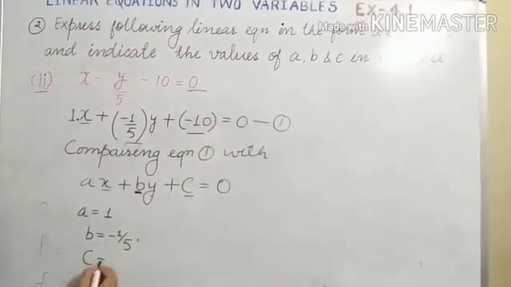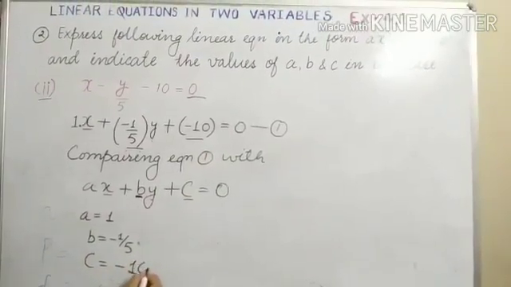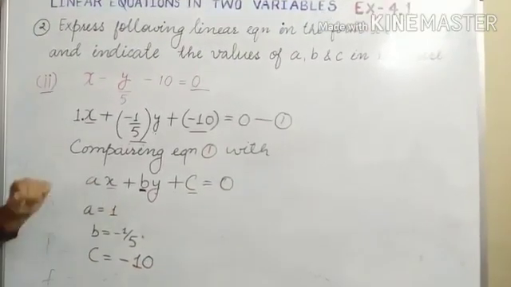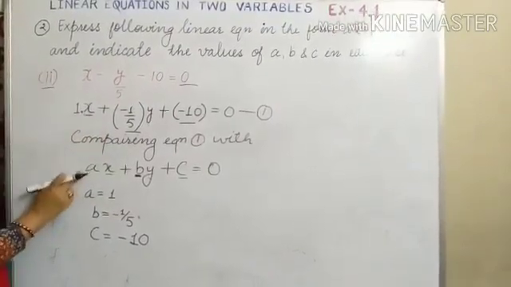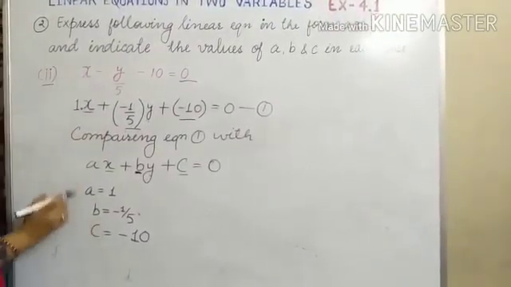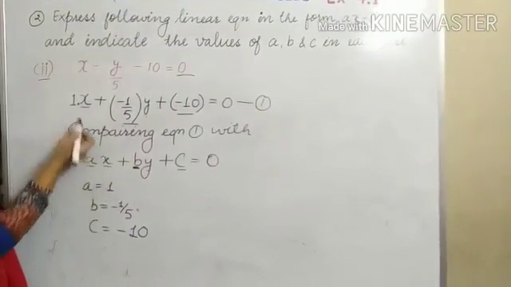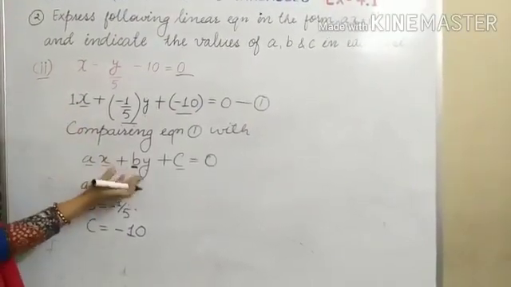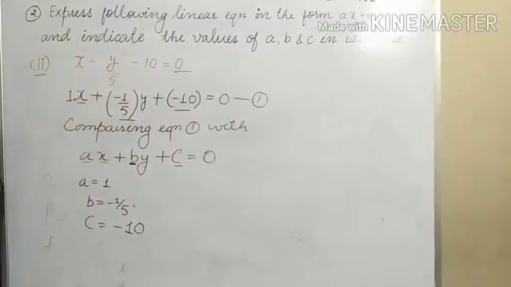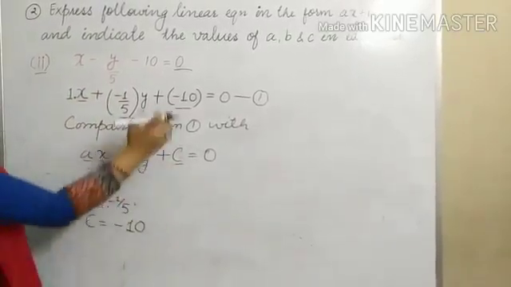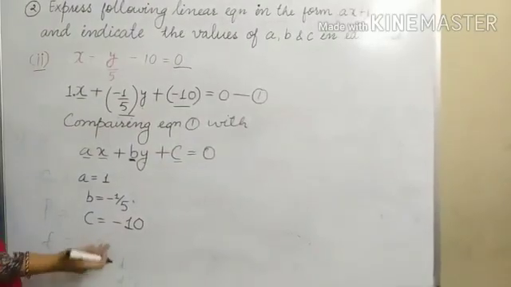So c is equal to minus 10. Then simply we have to compare it with the given equation: the coefficient of x, the coefficient of y that is b, and c with the constant given in the equation, and we are done.